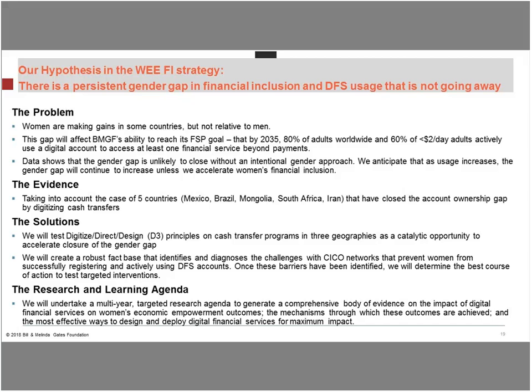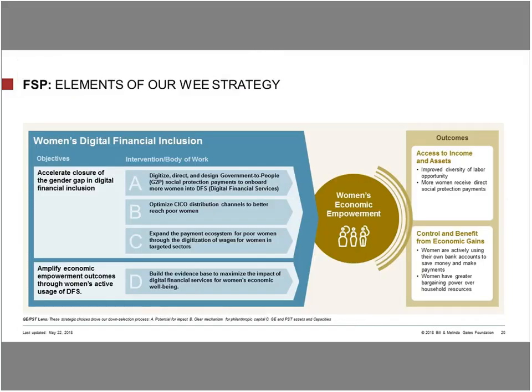Let's just dive into a little bit more detail around that. So these are the elements of the strategy in that second column, and I think I've talked about most of them. The only one I haven't talked about is C of A, B, C, and D. We are likely to work further on the payment ecosystem for poor women through the digitization of wages.